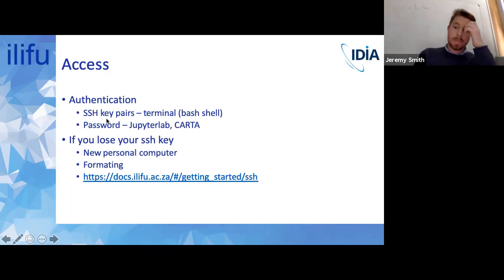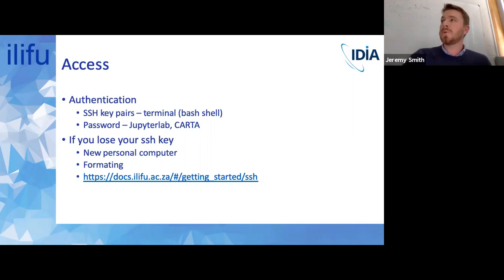It's either through SSH authentication using key pairs. When you sign up with us, you provide us an SSH public key, and this is used for accessing the terminal via shell. The other way that you access the system is through your password. This password is used on JupyterLab, the Jupyter interface, and also for the Carta service that we host on ilifu.